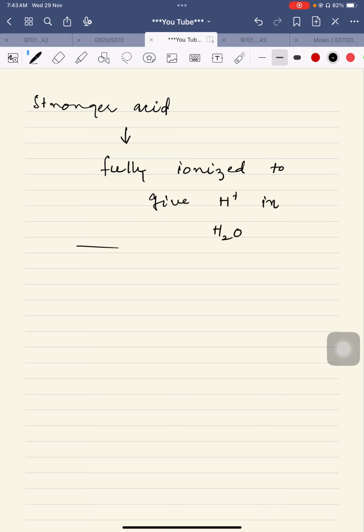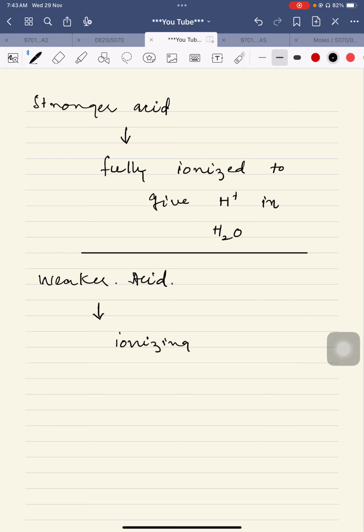If we are talking about a weaker acid, we can say that it is an acid which is ionizing partially to give hydrogen ions in water. So both of them are giving hydrogen ions, but one is fully ionized and the other is partially ionized to give hydrogen ions.